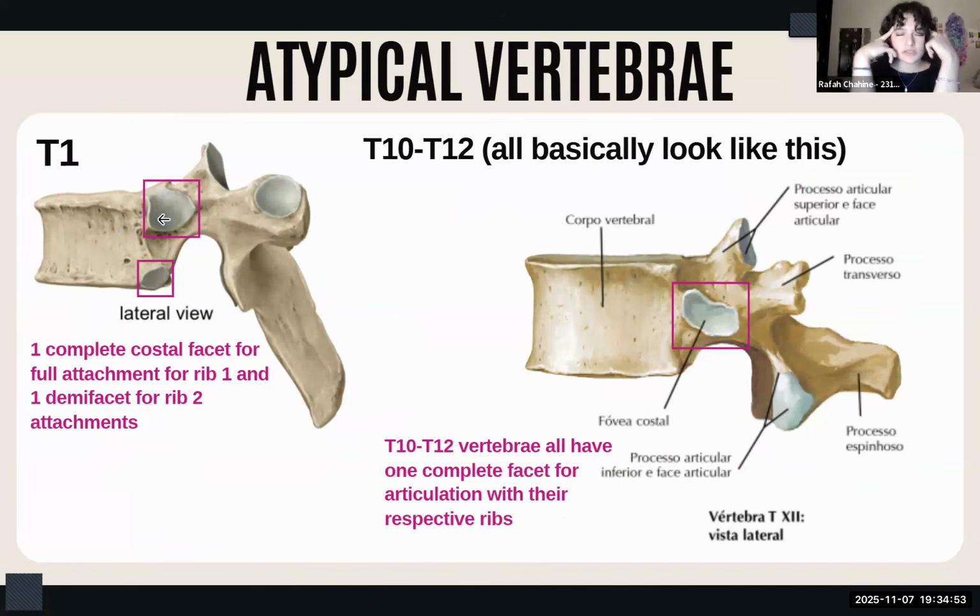I want us to put our brains together and recall, was rib number one atypical or typical? Atypical. Okay, so we know that it's atypical because of its shape and size, but can someone tell me another thing that makes it atypical that relates to this facet on T1?